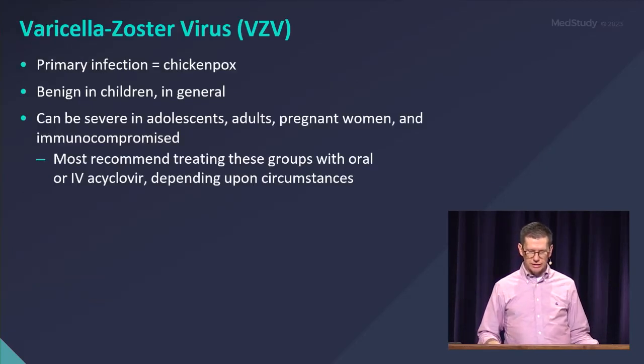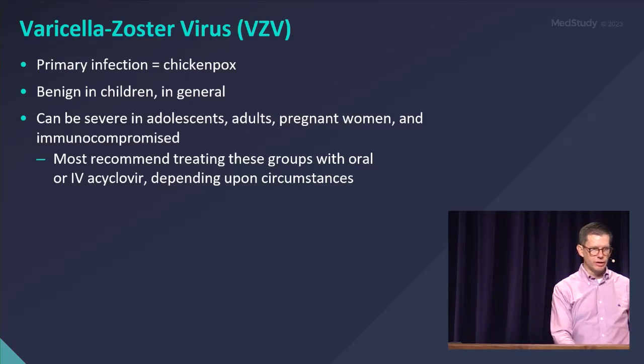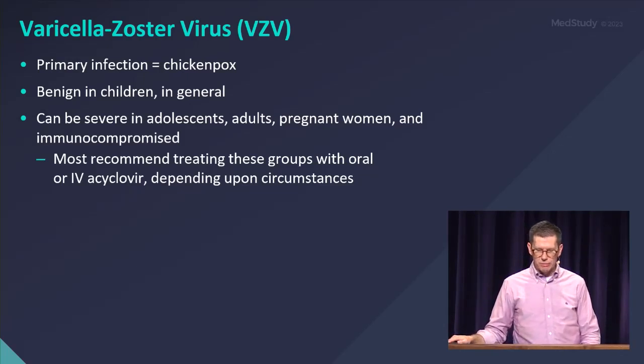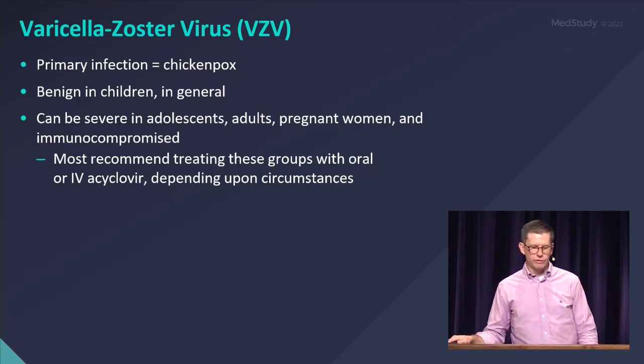So when we think about varicella zoster virus, the primary infection is what we lovingly know as chickenpox, which is typically benign in children, although it can be worse in adolescents, adults, pregnant women, and the immunocompromised. In this group, we typically give acyclovir, whether oral or IV, depending on the severity of the immunocompromised state.